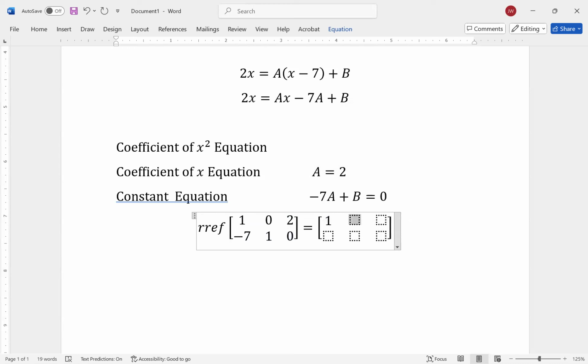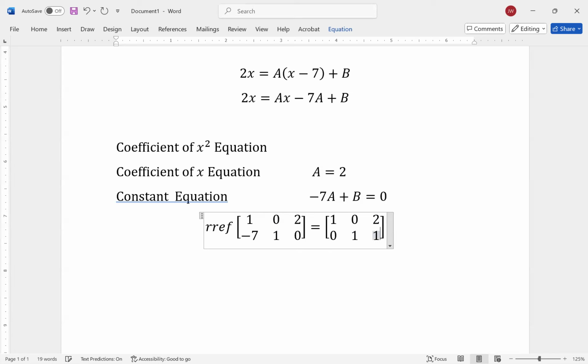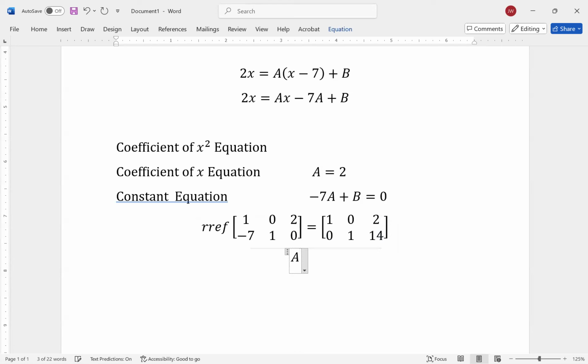If you do the row reduced echelon form, you get 1, 0, 2 as the first row, and then 0, 1, 14 as the second row. So again, A would be equal to 2, and B would be equal to 14.